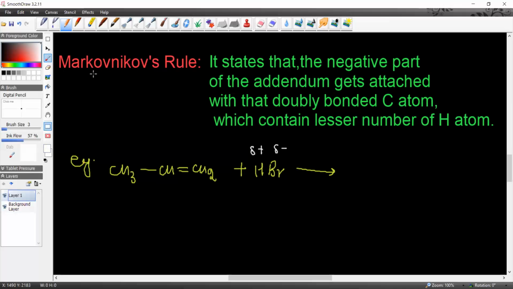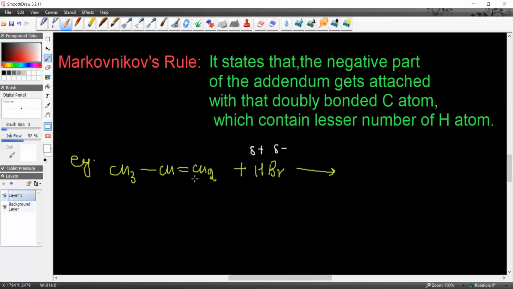Now according to Markovnikov's rule, the negative part of the addendum, the adding molecule like HBr, the bromine atom being the negative part, he is saying the negative part of the addendum is attached to that doubly bonded carbon atom.